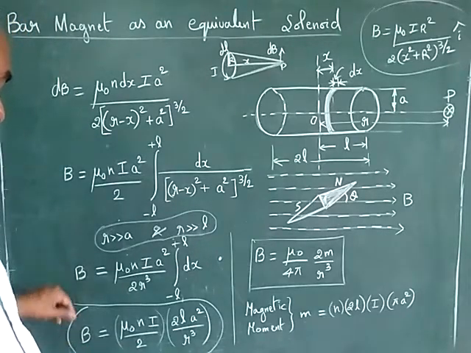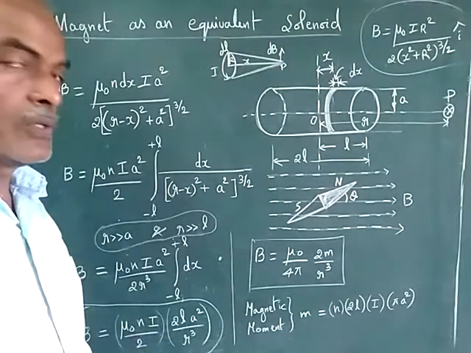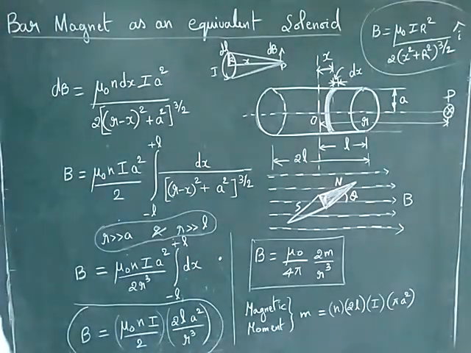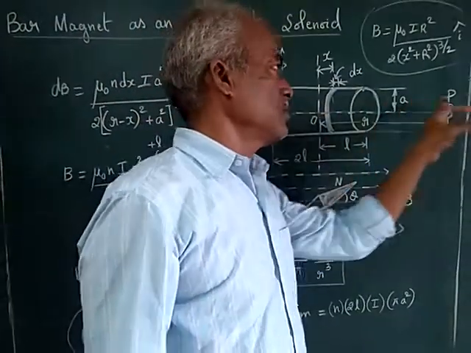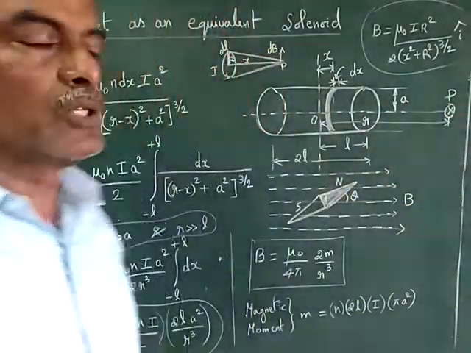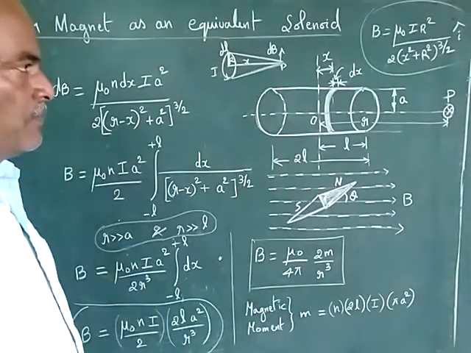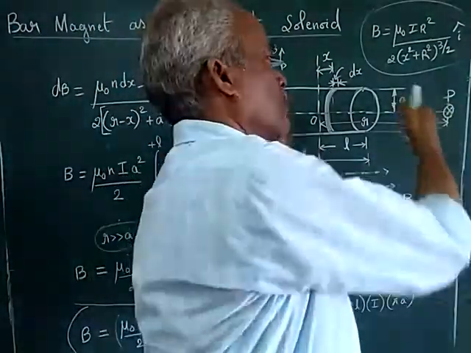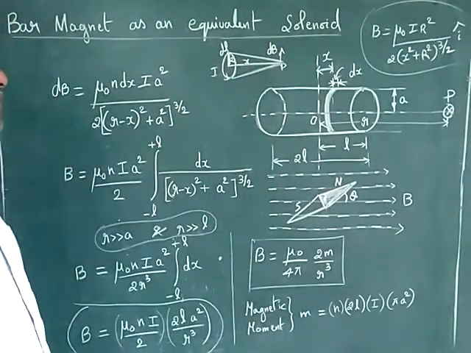The magnetic field will decrease, as it is inversely proportional to R cube. R is the distance from the origin to P, so it is proportional to 1 by R cube. So if you want a stronger magnetic field, you have to be very close to the solenoid, then you will experience a very strong magnetic field.